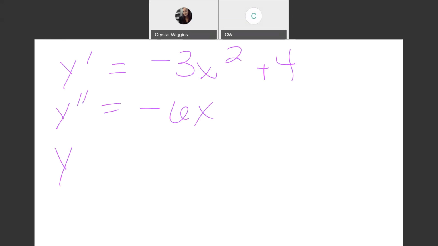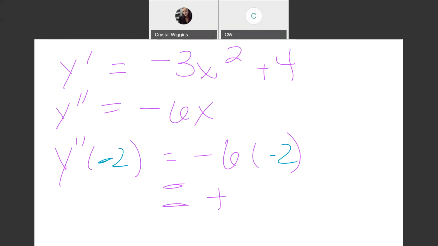We are going to find the second derivative at the first test point, -2. Plugging that in, -2, a negative times a negative is going to give us a positive. So to the left of negative square root of 4/3, we have a positive second derivative, which indicates we are concave up.